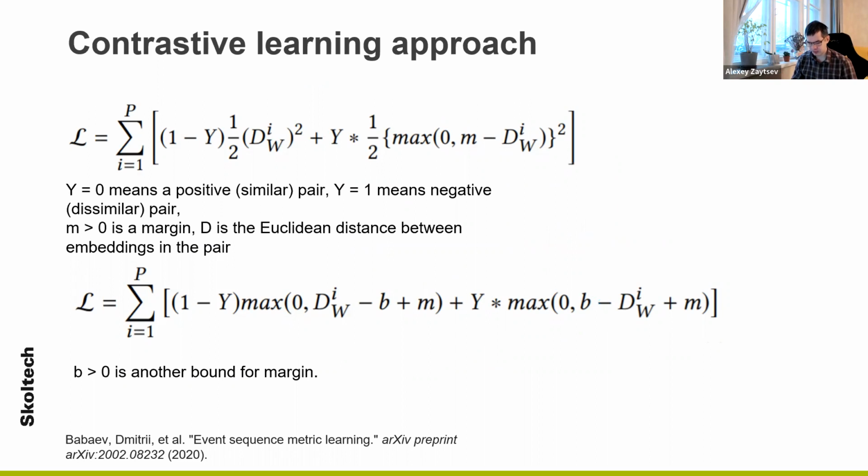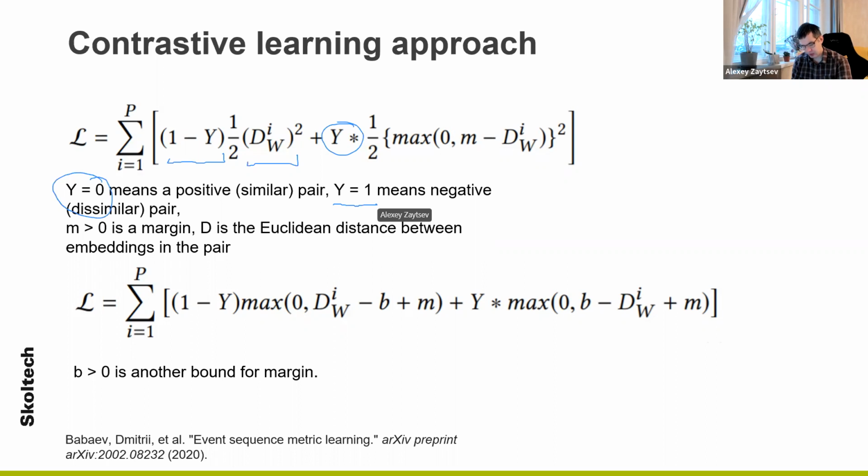So, suppose we have a positive pair. In this case, we have y equal to 0 in our loss function, and this term we don't care about. We care about this term. And in the basic version we have just the square of the distance between embeddings in the pair. This is a positive pair, so we penalize for large distances here. And if we look at a negative pair, then we have y equal to 1.